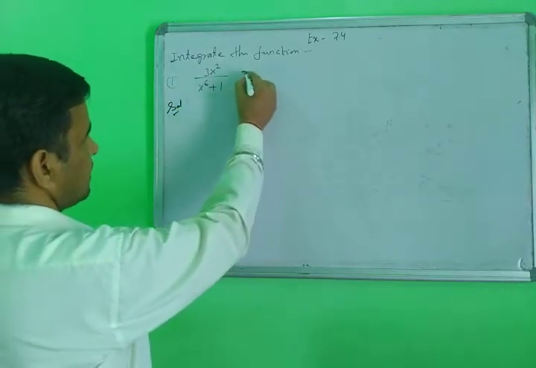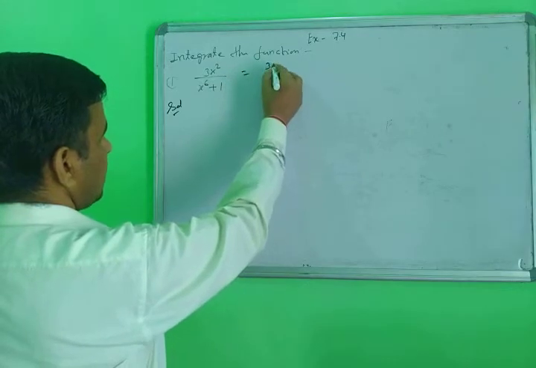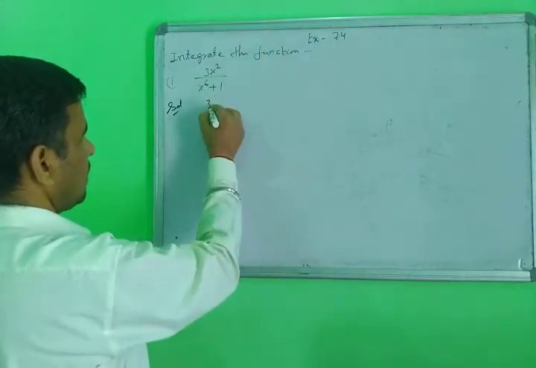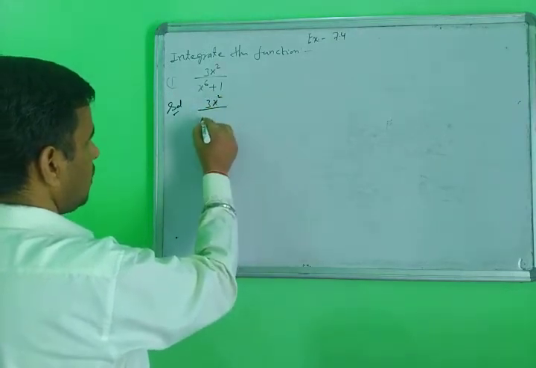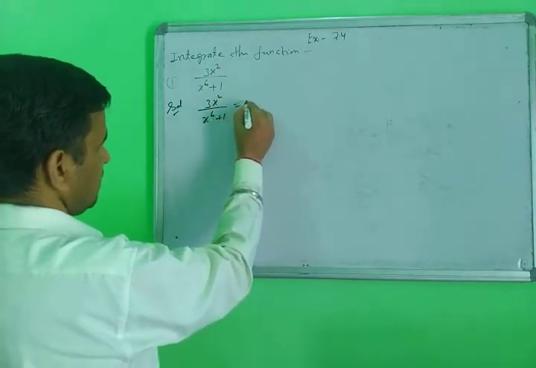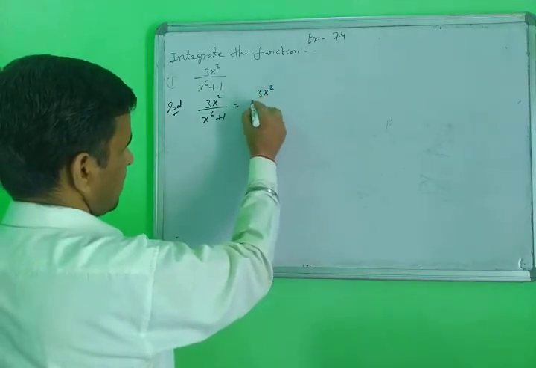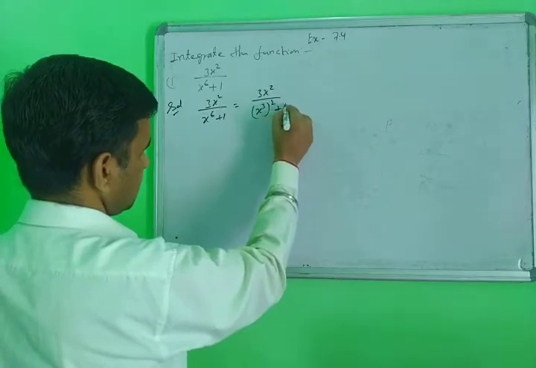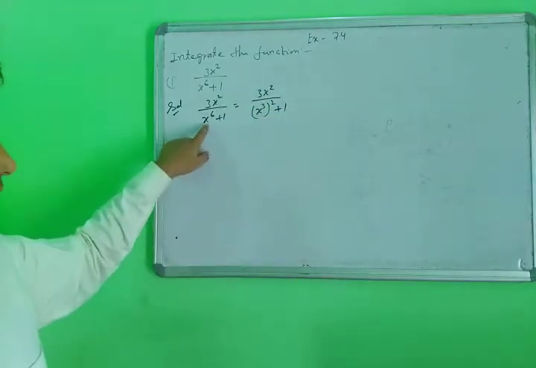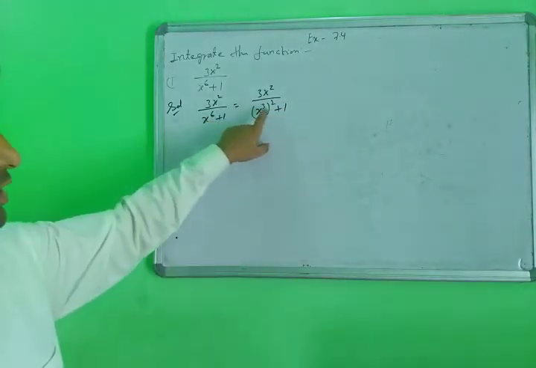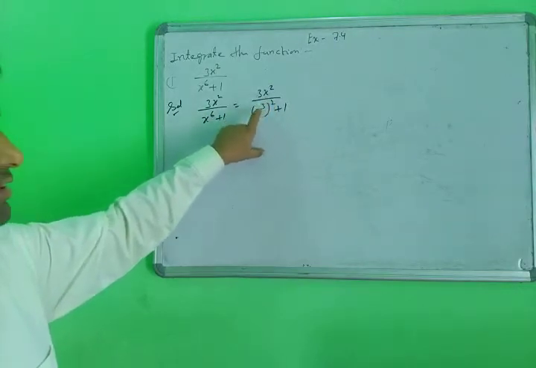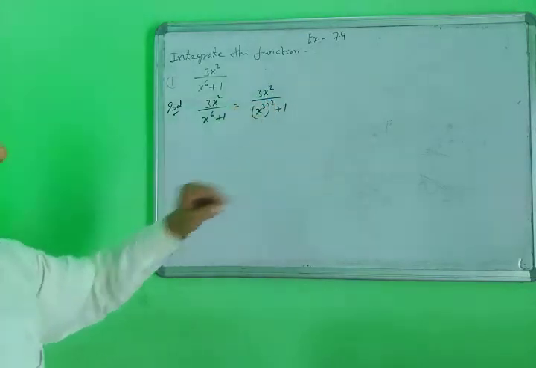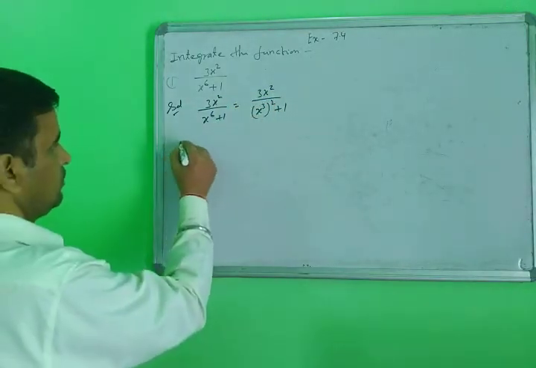Suppose you break it down: 3x square upon x exponent 6 plus 1, 3x square upon x exponent 3 whole square plus 1. With the denominator part broken down, exponent 6 is 3 into 2. So you substitute this value.